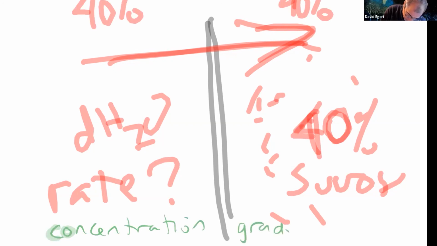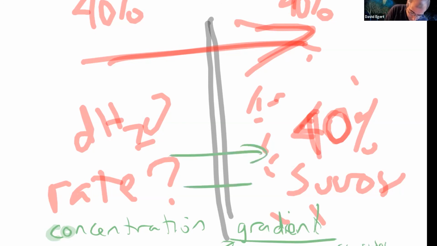That is something you need to remember, this word gradient. This is the difference between the sides. What's really going to affect the movement of water across the membrane is not just the concentration, it's the concentration gradient.